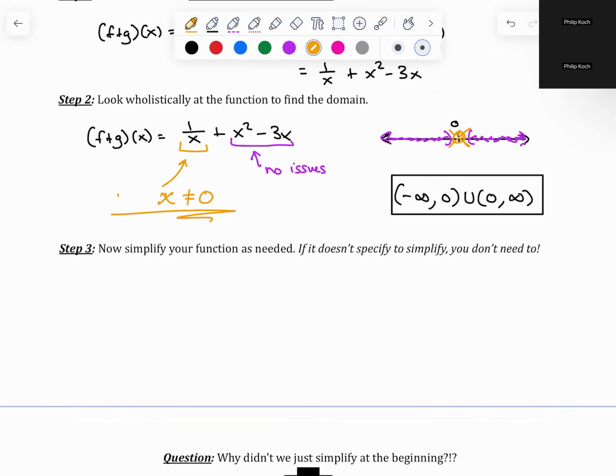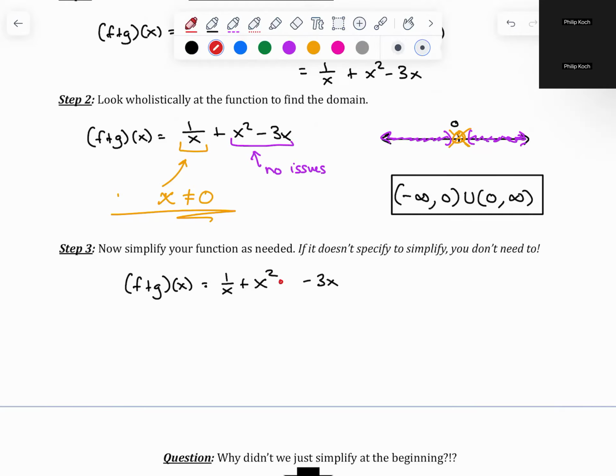Then you're going to simplify it as needed. What that usually means is combining everything so that it looks like a singular entity. So for this function, f plus g, which we saw was 1 over x plus x squared, leave a little bit of space, then write minus 3x. If we want to simplify this into a singular function, we'll need to find a common denominator, which is x in this case.